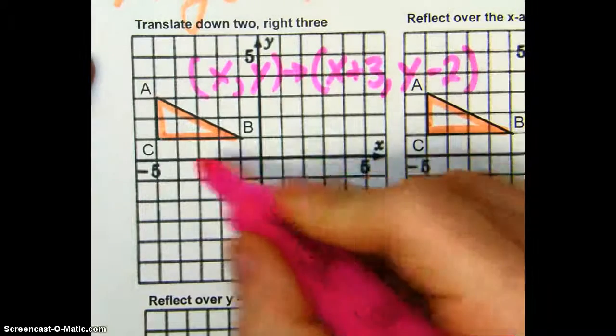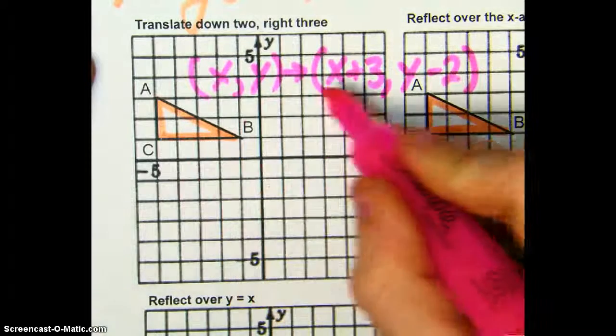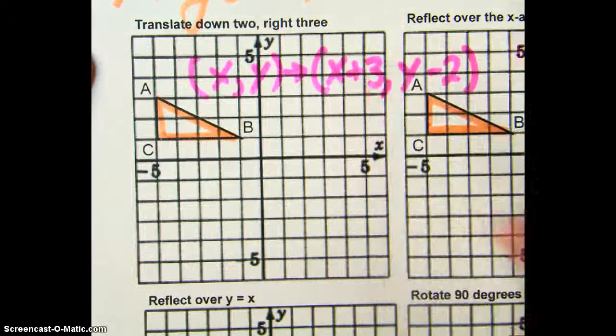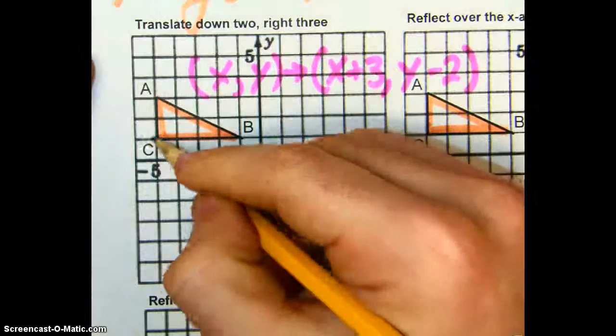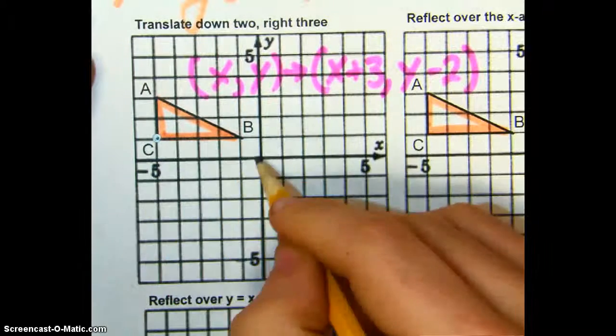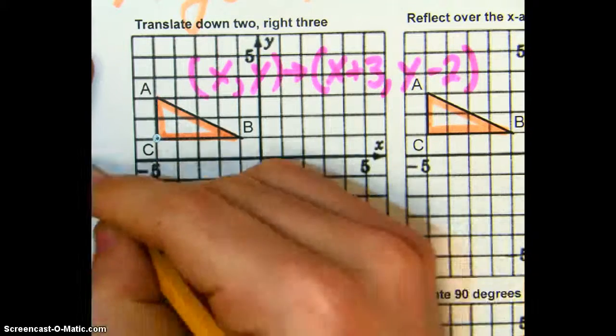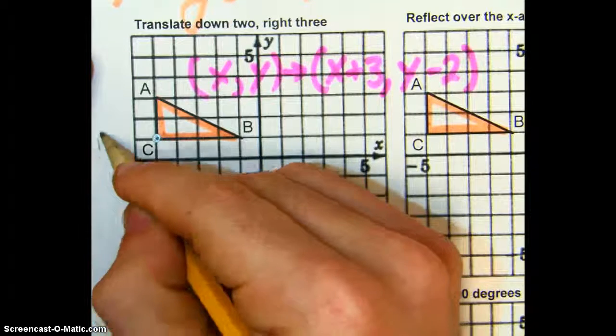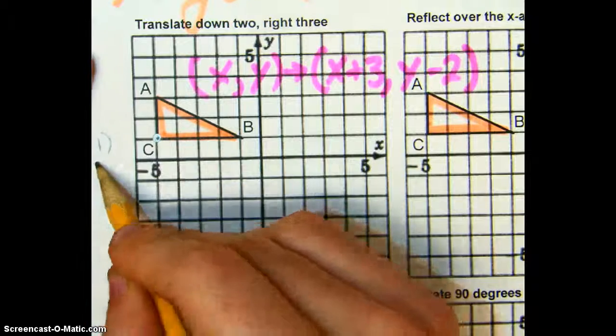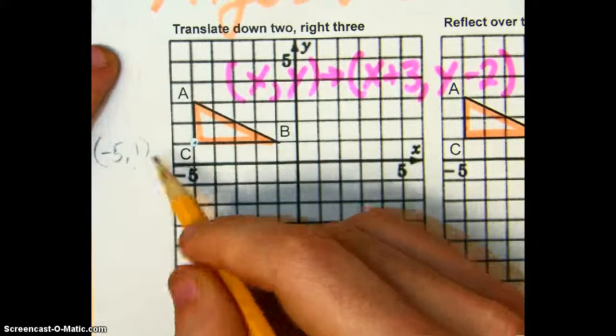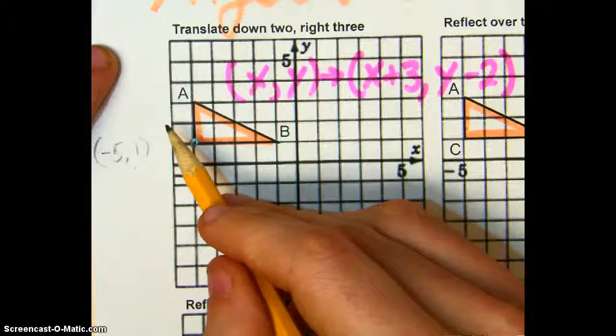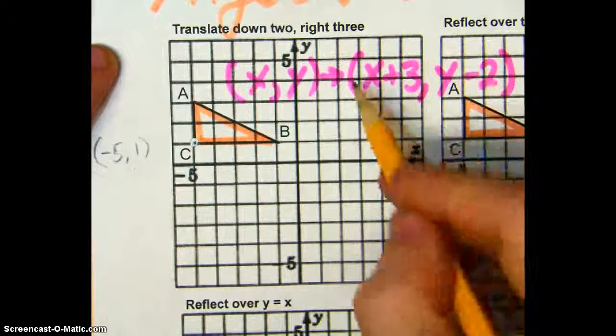Okay? So that means I can take any of these coordinates and use this to find where the image will be. So for example, if I took C, C is at the point negative 5 comma 1. If I want to find where the new C, the C prime, is going to be, we could plug negative 5 and 1 into this map.